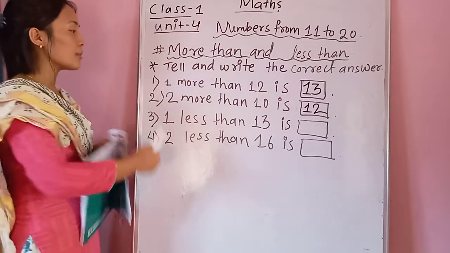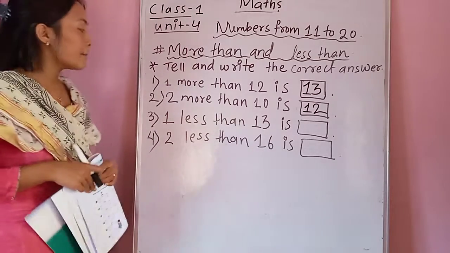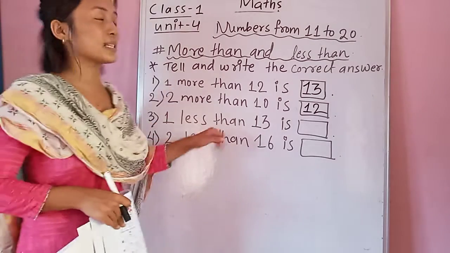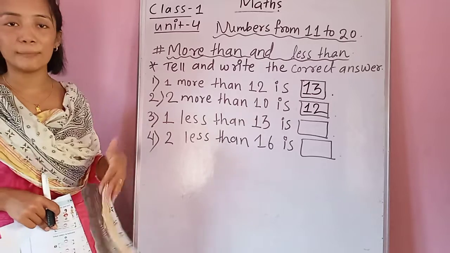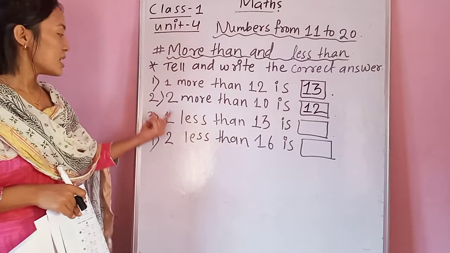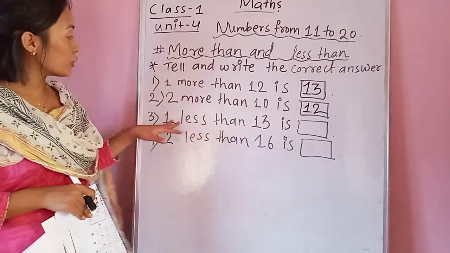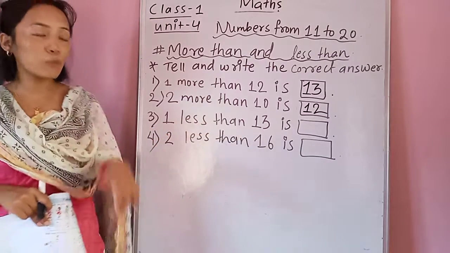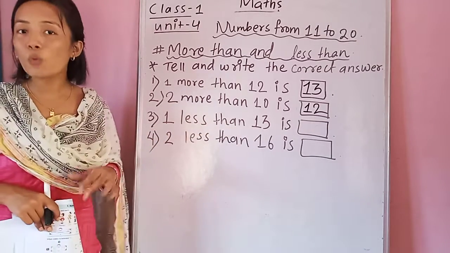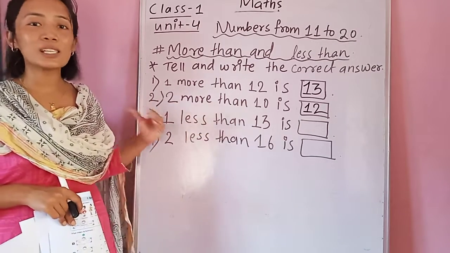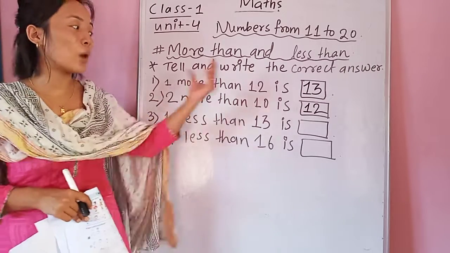After that, the third question is a little bit different because here it is written less than. Less than means कम. So 1 less than 13. If 1 is subtracted from 13, if one thing is thrown out from that 13, then what will be there?